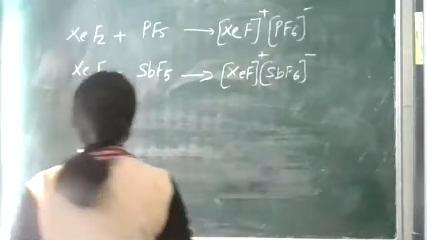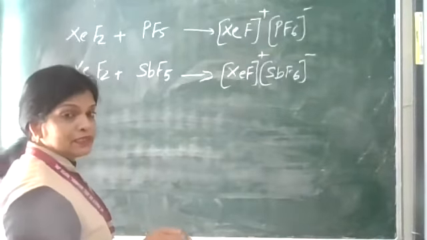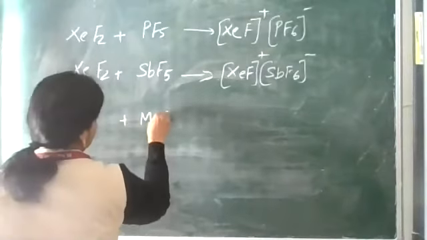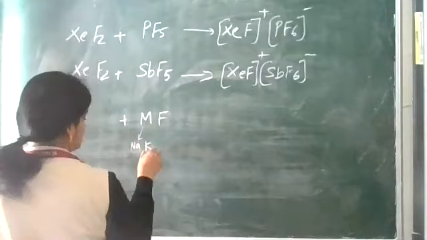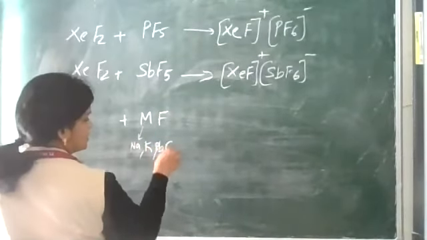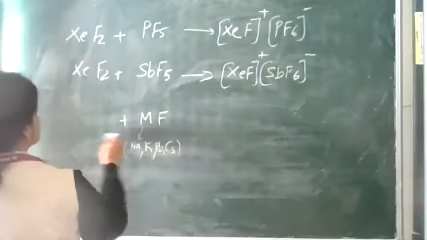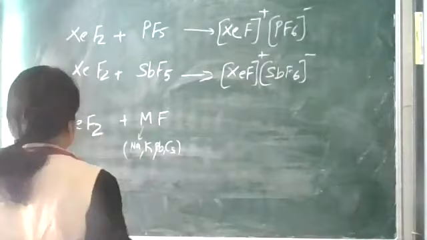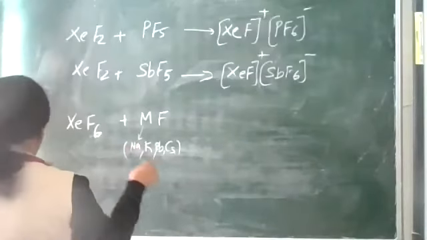But in the case of metal fluoride MF, M can be sodium, potassium, rubidium, cesium, that is alkali metals. With XeF6, what happens?